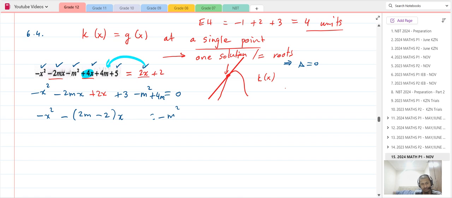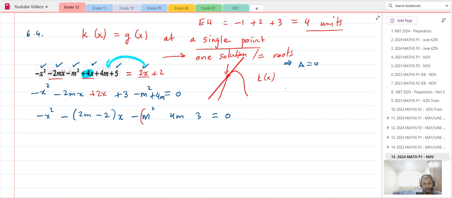Alright, so what we have here is minus m squared plus 4m plus 3 is equal to 0. Let me take out a negative here as well. Yeah, because I'm going to make it in standard form and multiply the whole thing by negative.